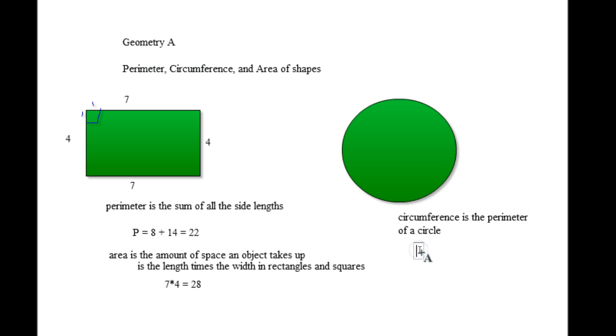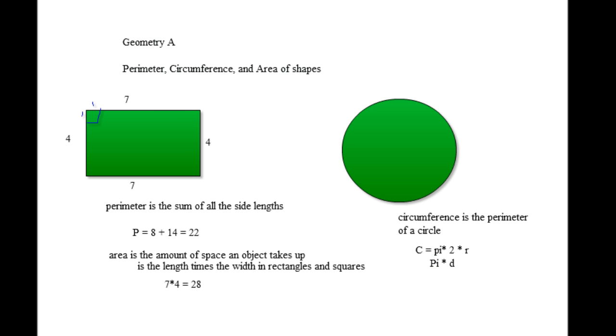That formula is C equals pi times 2 times the radius, or you could also say pi times the diameter.